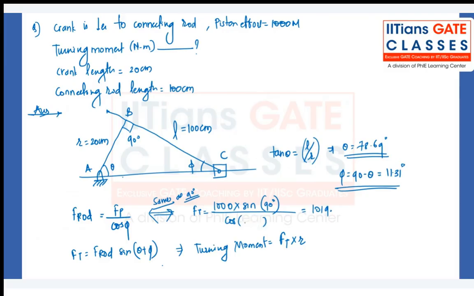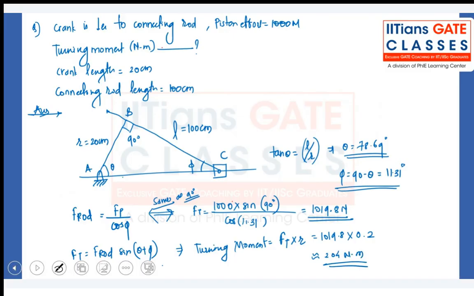Let me correct: phi is 11.31. So 1019.8 Newton. Okay, you got this answer. And then 1019.8 multiplied by 20 centimeters, so 0.2 meters, gives you approximately 204 Newton meter as an answer. So the final answer is 204.